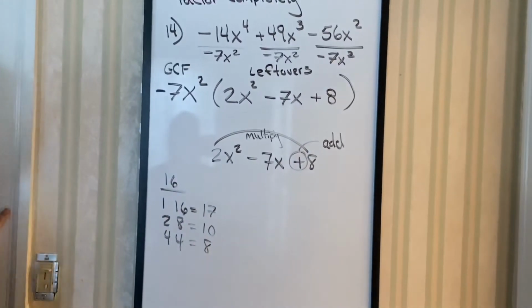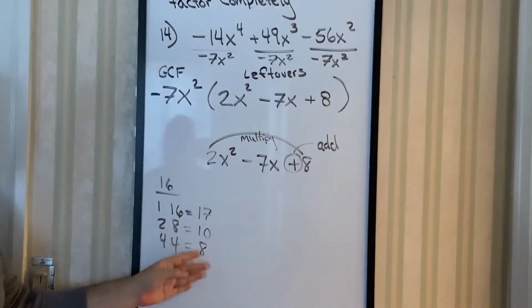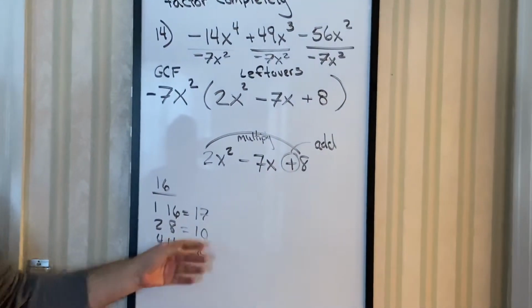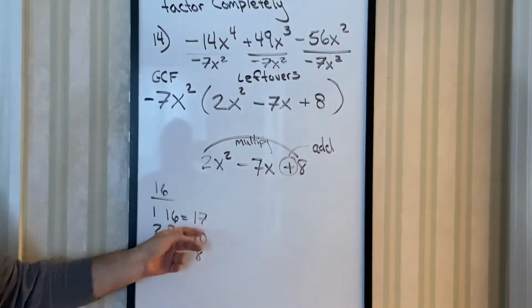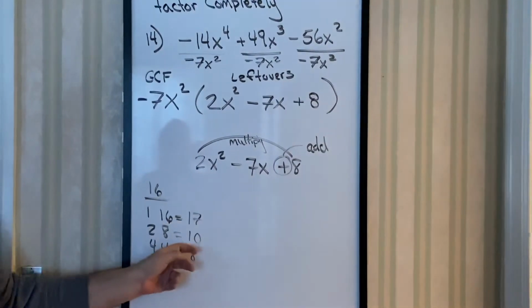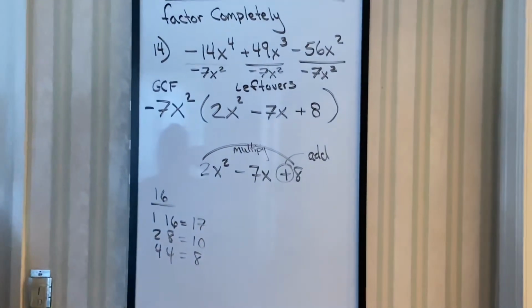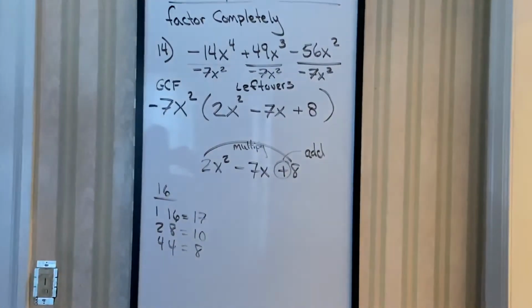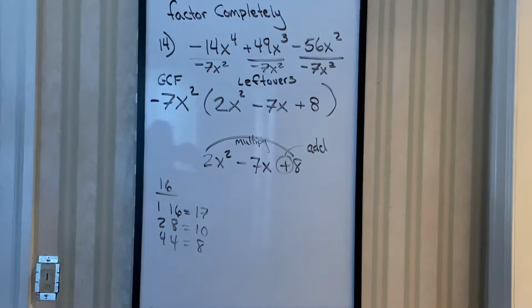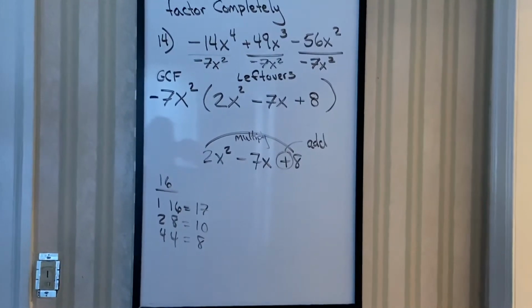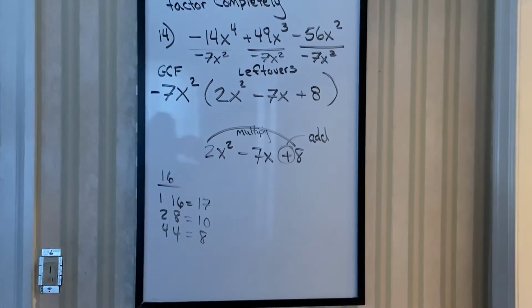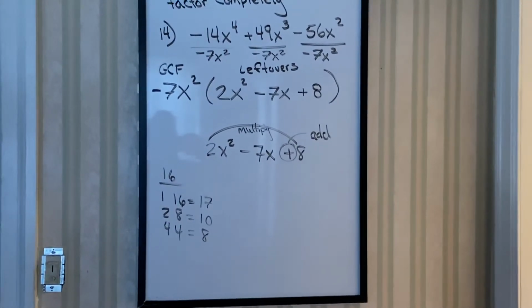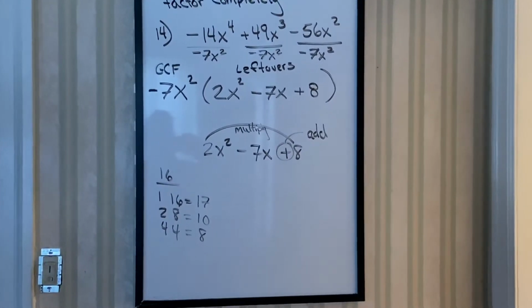Look. 1 and 16 is 17, 2 and 8 is 10, 4 and 4 is 8. There's no match. Notice that we cannot choose a combo. That's important. If you cannot choose a combo, that tells me we cannot factor this any further.